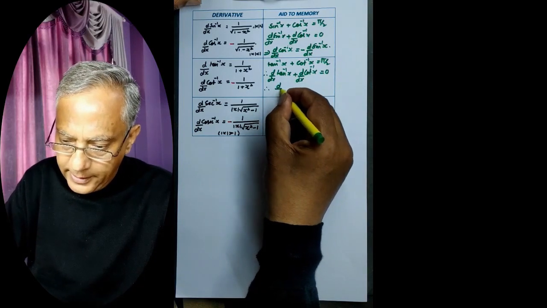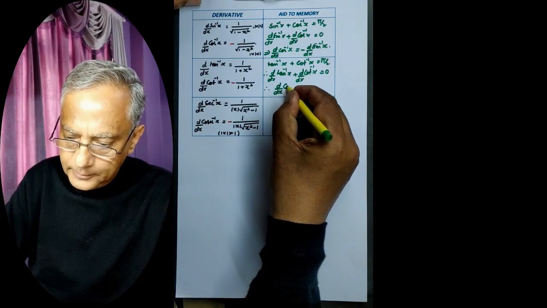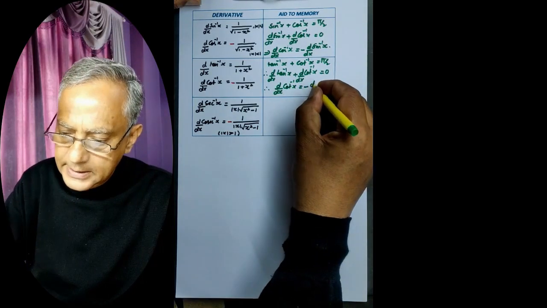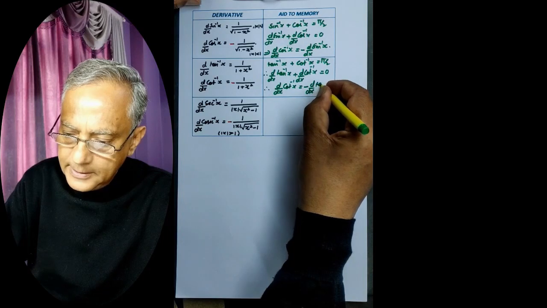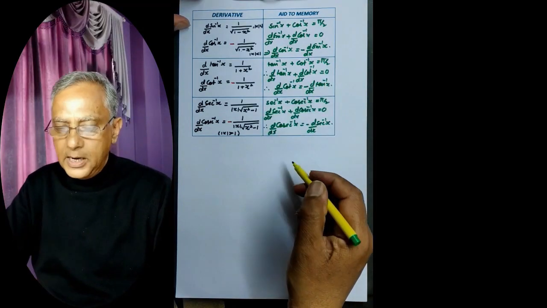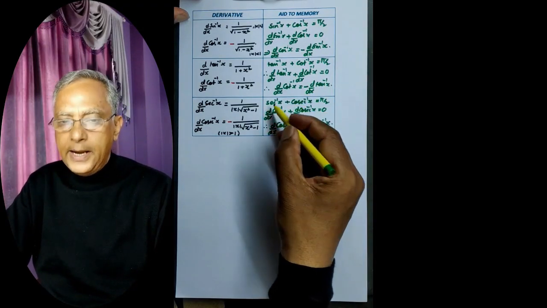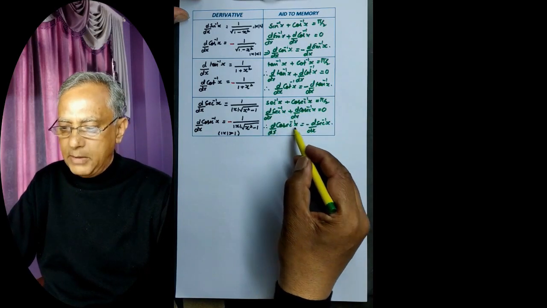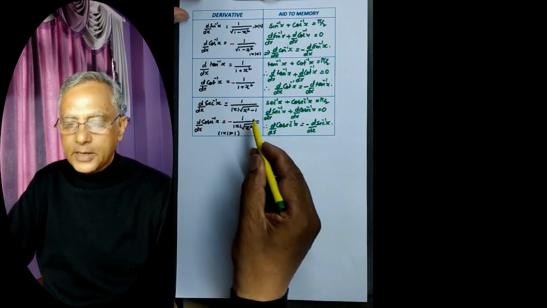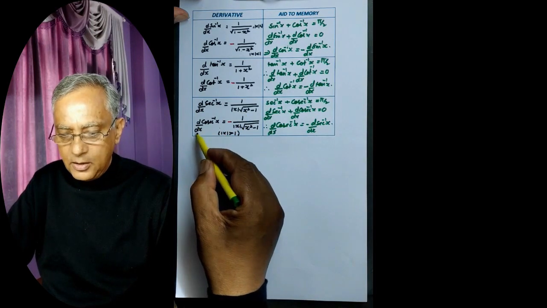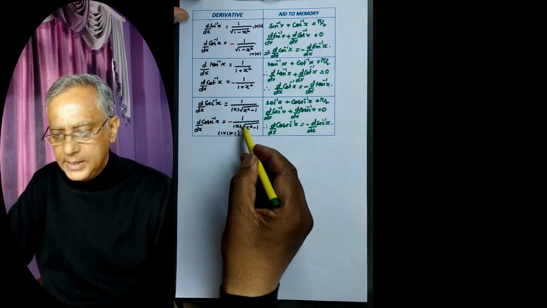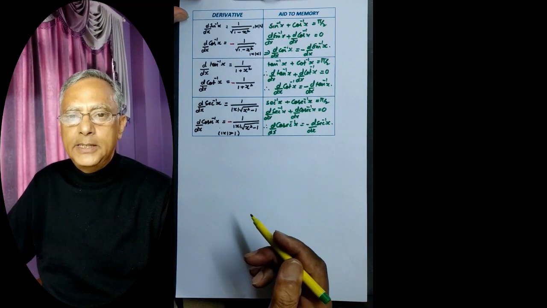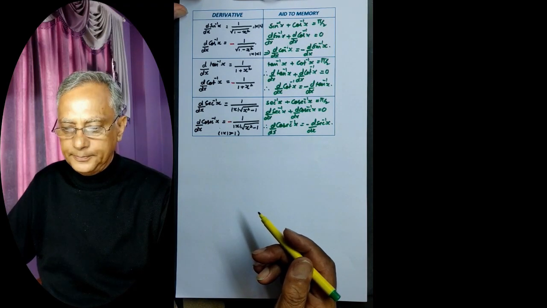And therefore, d by dx of cot inverse x is equal to minus d by dx of tan inverse x. And similarly, for secant and cosecant, we have d by dx of cosecant inverse x is minus d by dx of secant inverse x. And you can memorize these results.